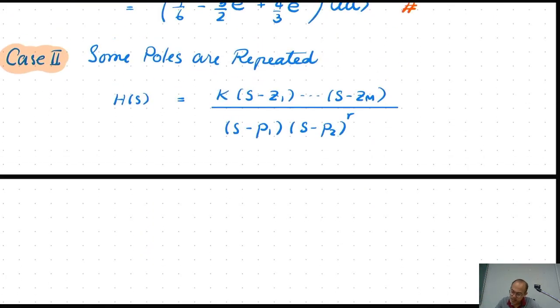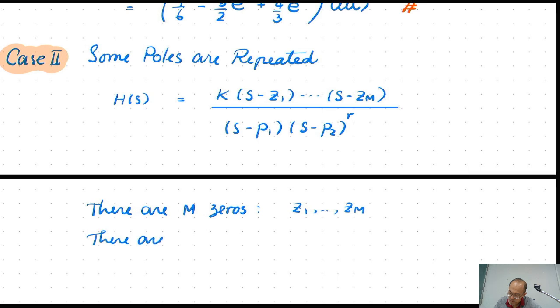So in this case, there are m zeros, z1 to zm. Now, there are r plus 1 poles, not 2 poles, but r plus 1.